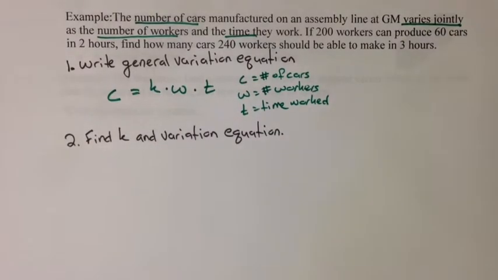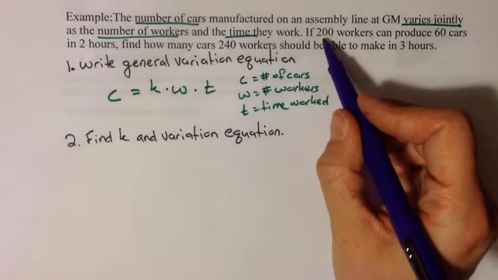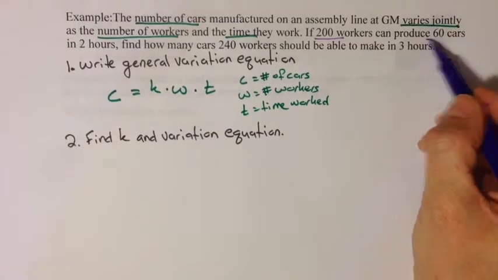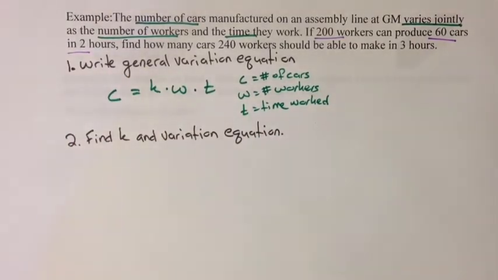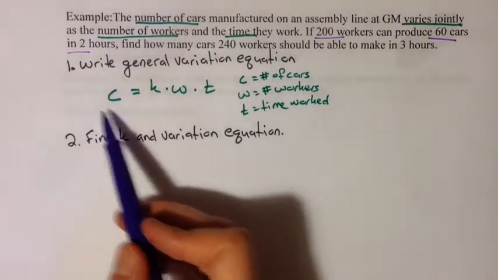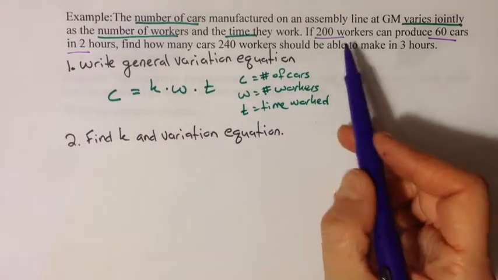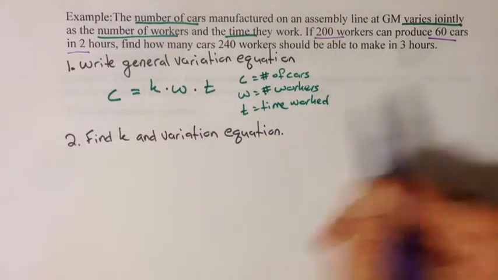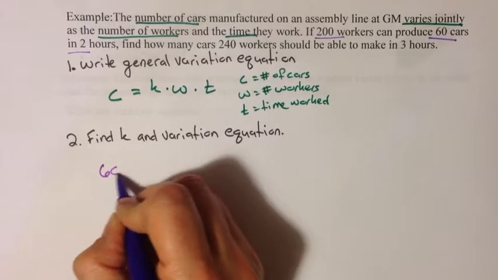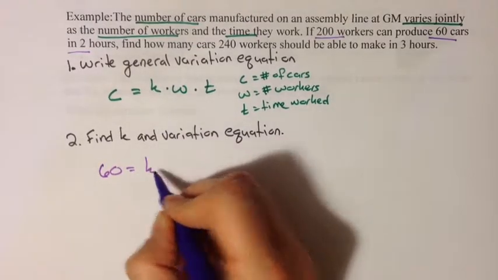My next step is to use some of the information that they gave me to find the actual value of k and then write down the variation equation. So they tell me that 200 workers can produce 60 cars in 2 hours. So I'm going to plug all that information into my equation here. I have 200 workers, 60 cars, so 60 goes in for C. Don't actually know what the K is.